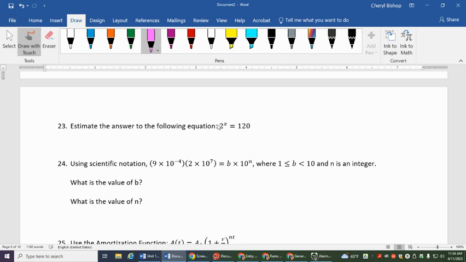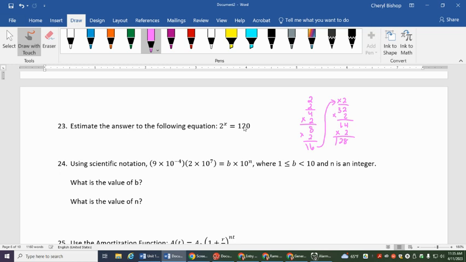All right, 23. Estimate the answer to the following question. 2 to the x equals 120. So if I think about when I multiply 2 by itself, 2 times 2 is 4, and then 4 times 2 is 8, and then 8 times 2 is 16, and then 16 times 2 is 32, and then 32 times 2 is 64, and then 64 times 2 is 128. Well, now I'm too big, right?